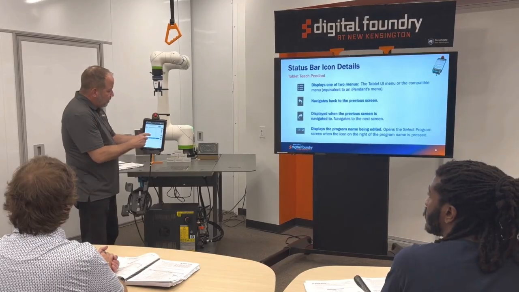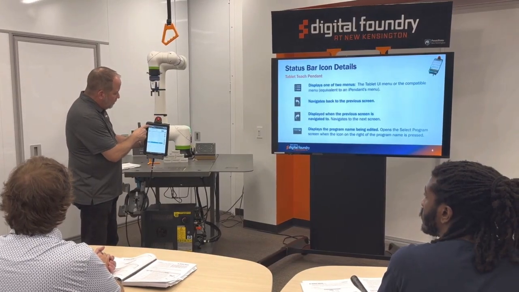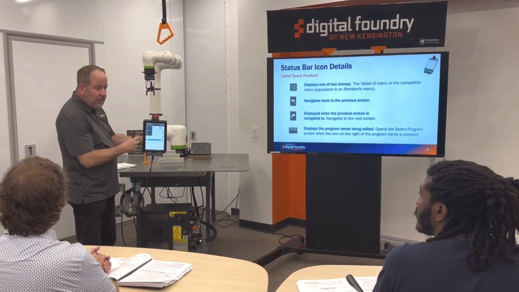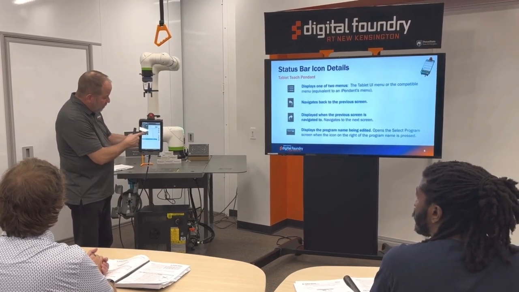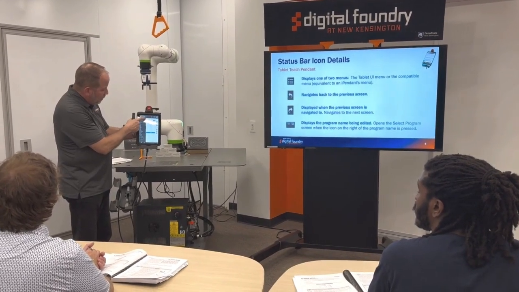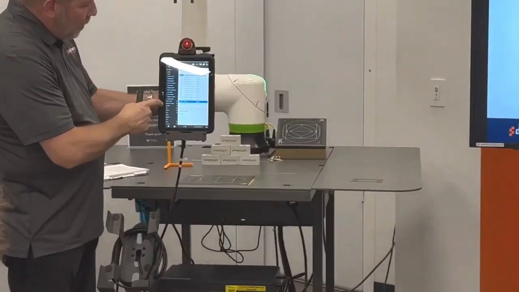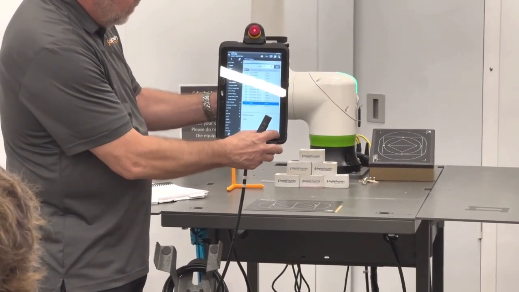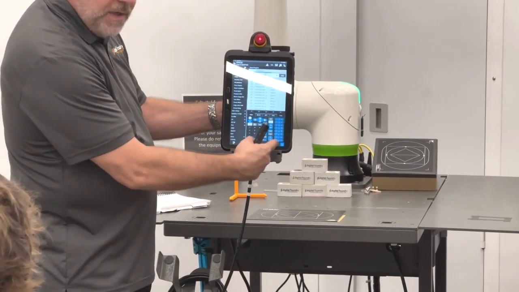So if I were to look at this and hit this, I've got all these different commands. If I wanted to switch it over to the iPendant, I would have to do that. So that expands the program. And then I can determine what the iPendant is. And you can get the controls down here.